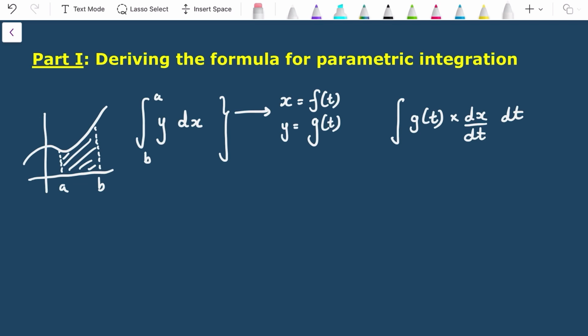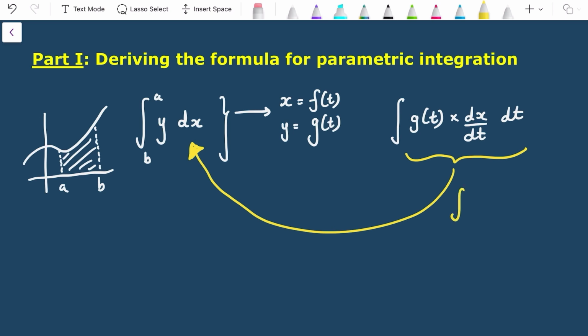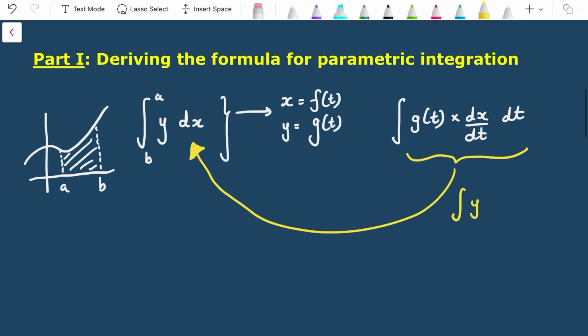And so you'll notice that this very nicely is just our original formula rewritten. So essentially I have the integral of y dx/dt dt, and they cancel nicely to leave me with the integral of y dx.